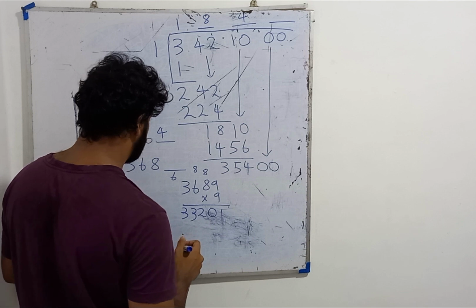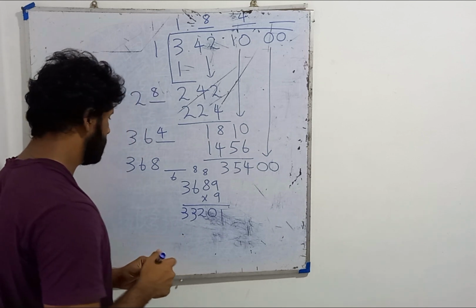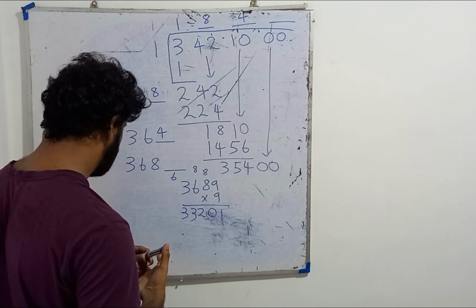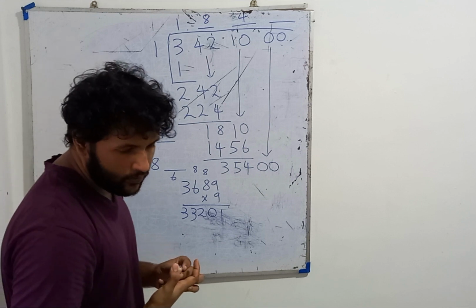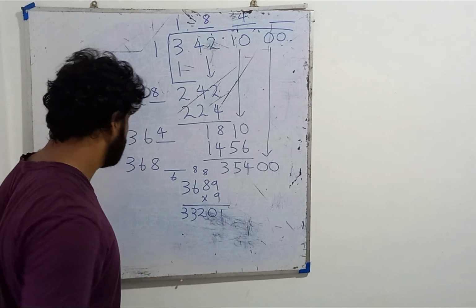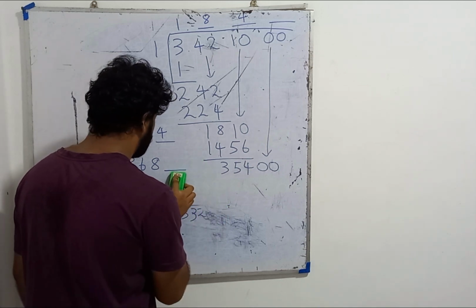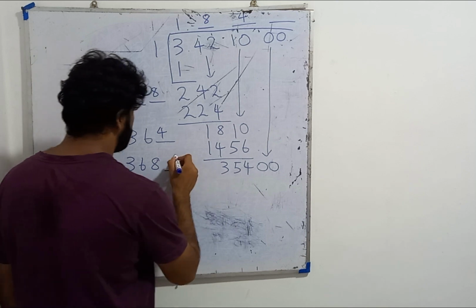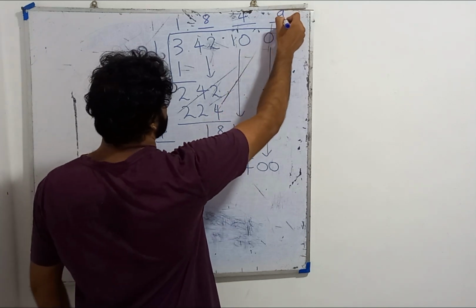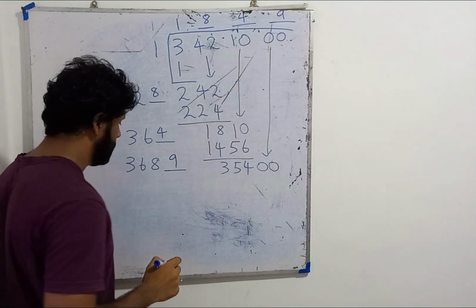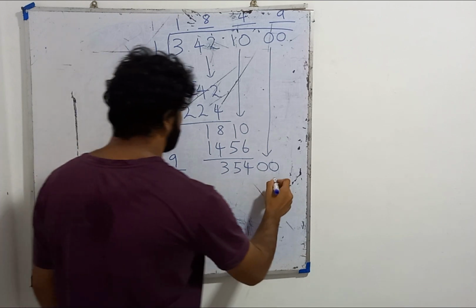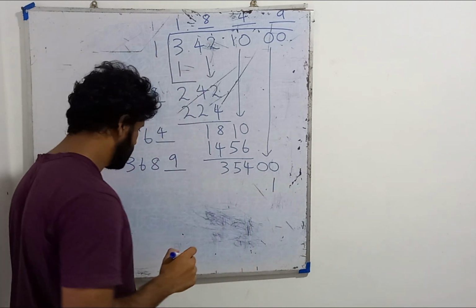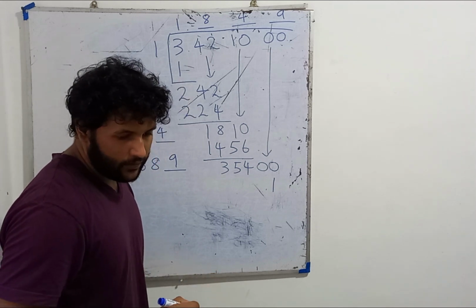You can't. Yes, you can add 9, right? You can add 9. Okay, then simple, 9 and 9. That's gonna be, we wrote that, right?